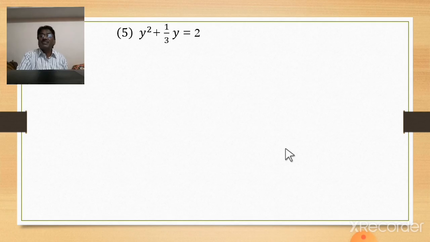That means, shortly, this equation is not in general form. Therefore, first we write this equation in general form. We transfer 2 from right hand side to left hand side. Then we get y square plus 1 upon 3 y minus 2 is equal to 0.